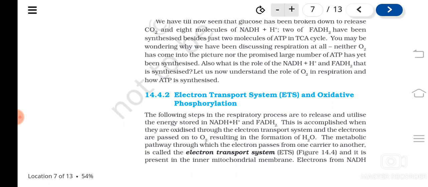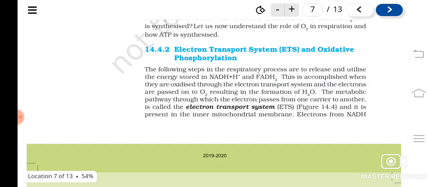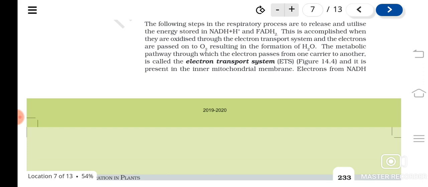So what is electron transport system? The metabolic pathway through which the electron passes from one carrier to another is known as what? Electron transport system. So here what is happening? The transfer of electrons from one carrier to another carrier is known as the electron transport system. And where is this electron transport system present?